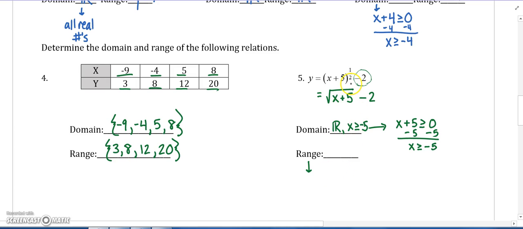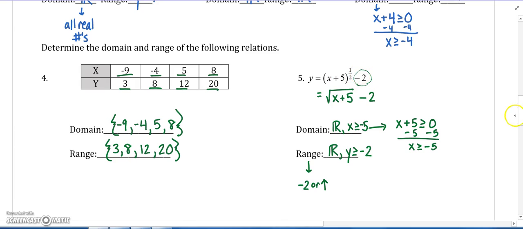This would be just a normal square root function with a couple shifts. And since it's shifting down 2, that's where the y values start. So if my y values start at -2, that means they would have to be -2 or bigger. The way we would say that is all reals where y has to be greater than or equal to -2. So you can kind of see that these are just based on our shifts inside.